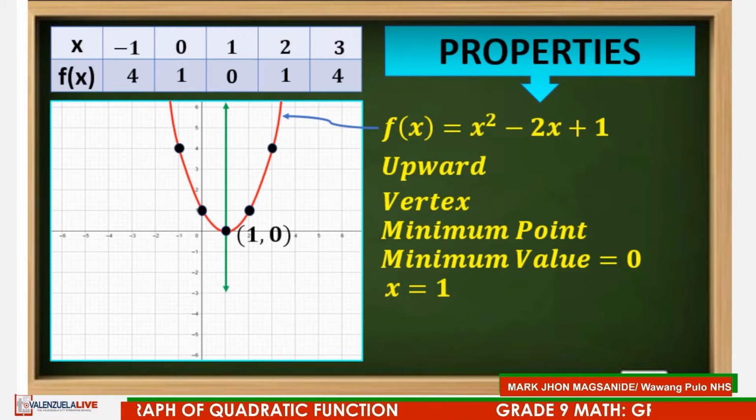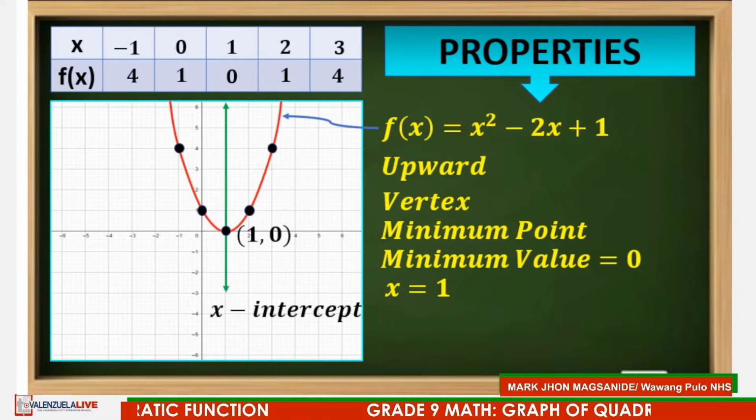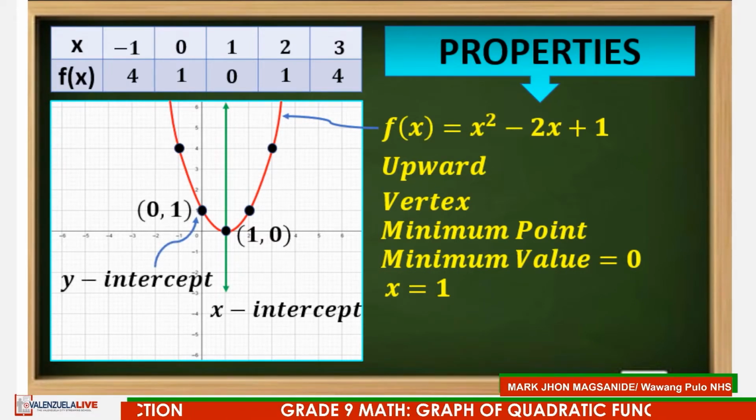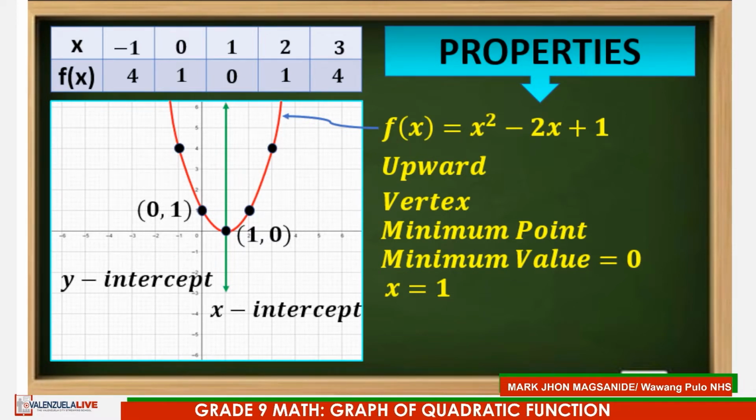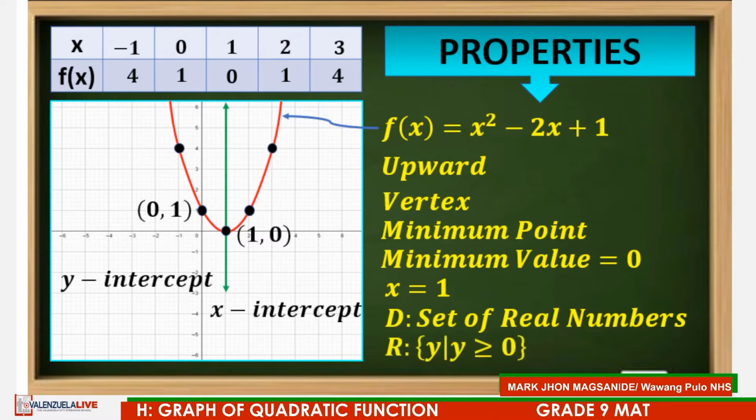The x-intercept is the same as the coordinates of the vertex since the vertex lies on the x-axis. The y-intercept is (0, 1) because it is the point on the parabola that crosses the y-axis. The domain is the set of real numbers and the range is the set of y such that y is greater than or equal to 0.